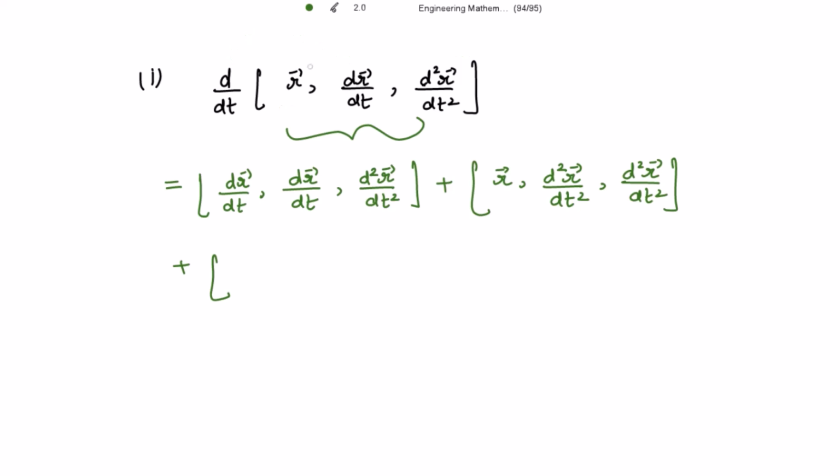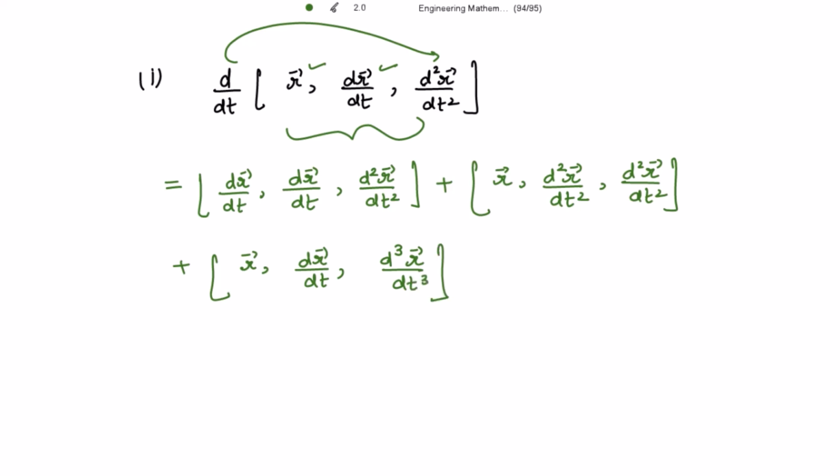plus now writing these two as they are and taking the derivative of the third one. So this is r vector, dr by dt, and taking the derivative of the third one, that is the triple derivative of r vector with respect to t.